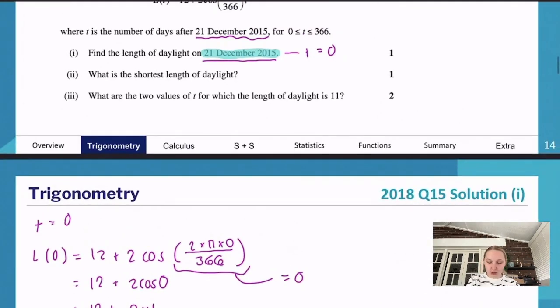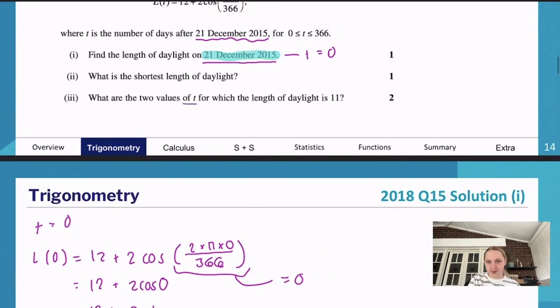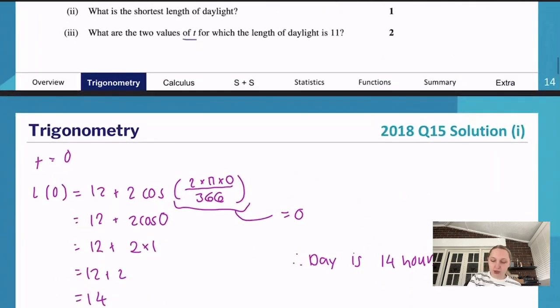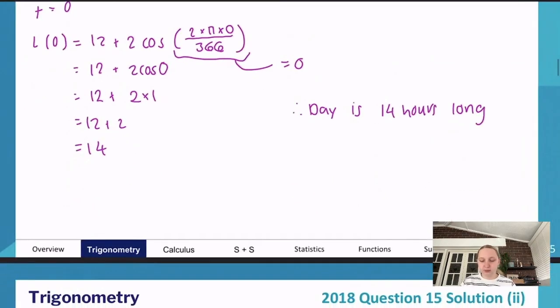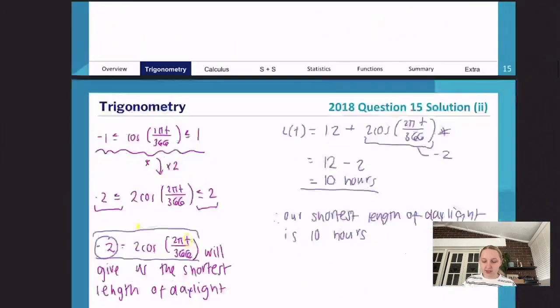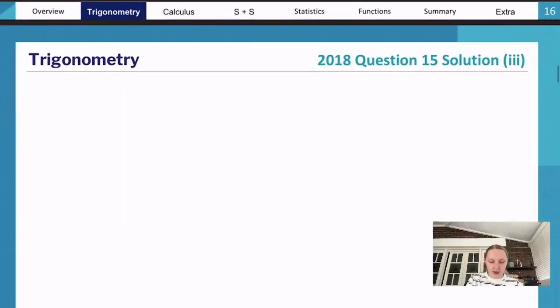When we're thinking about this sort of question, this is when we are solving for t. So we understand that the variable we are most interested in right now is t, and we're looking at for which the length of daylight is going to be 11. They've given us that L of t is going to equal 11 in this situation, and we want to solve for t.